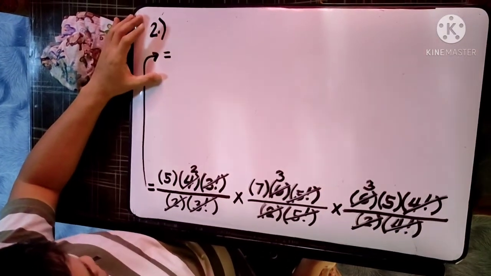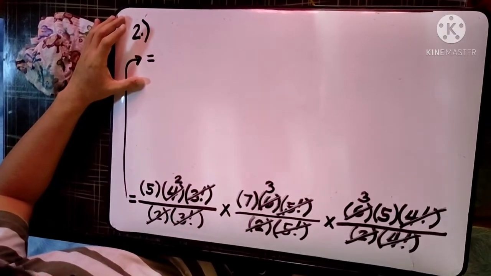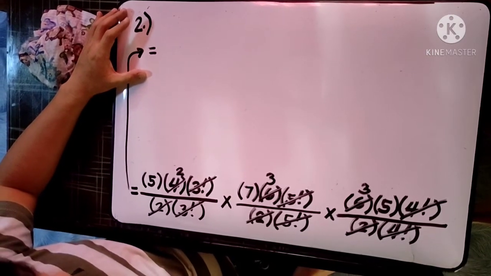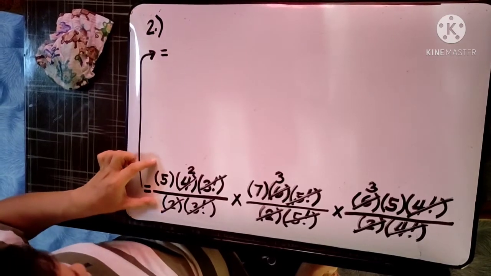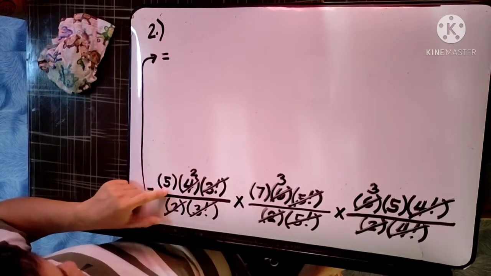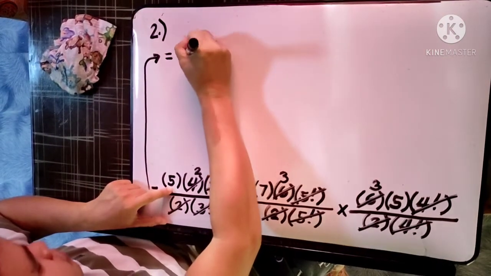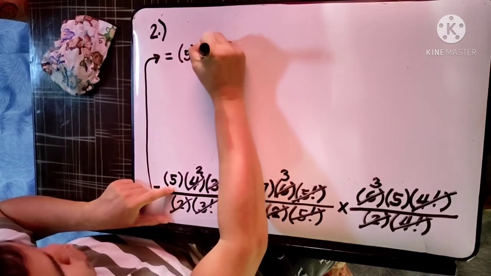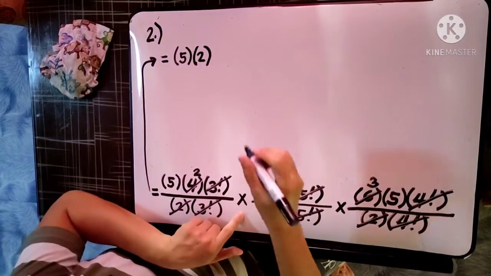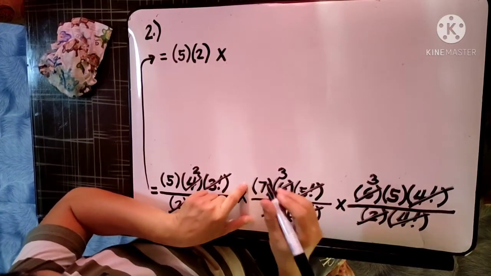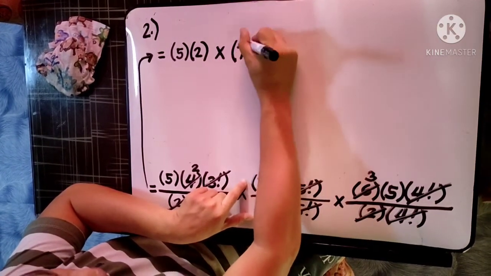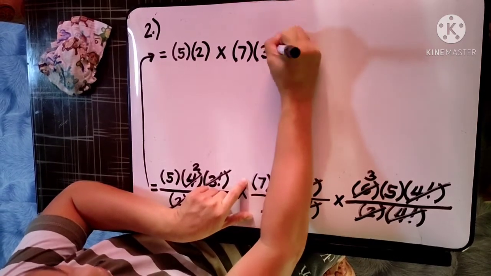Again, we will be writing down the remaining factors in every combination. In the first combination, the remaining factors are 5 and 2. Then you copy the multiplication symbol. In the second combination, you have 7 times 3.